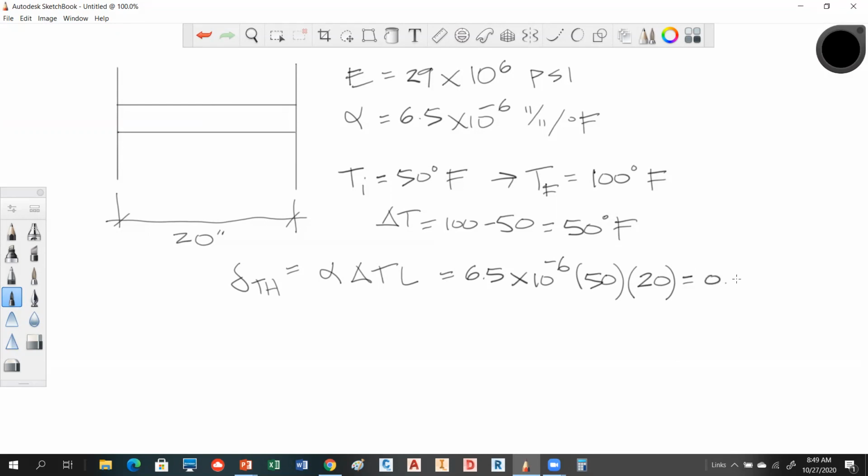I get 0.0065. Let me redo that with 5. What is that number? First of all, what's its unit?